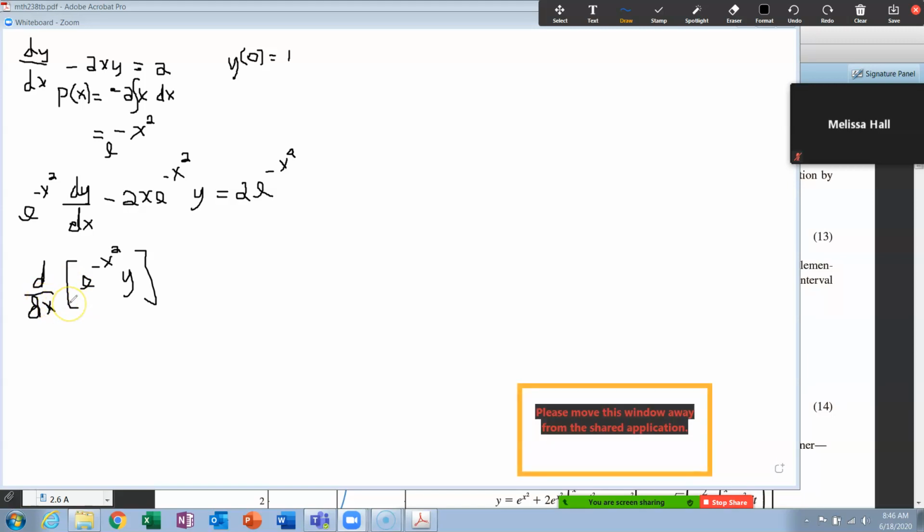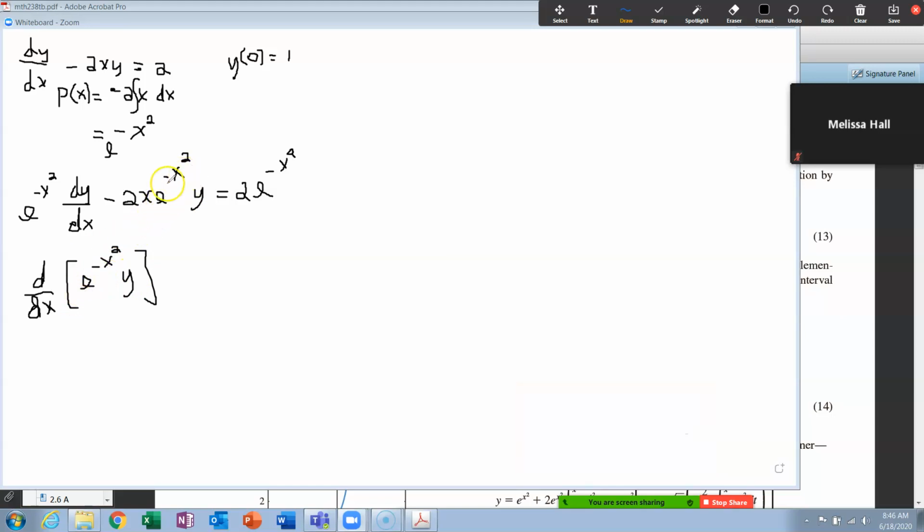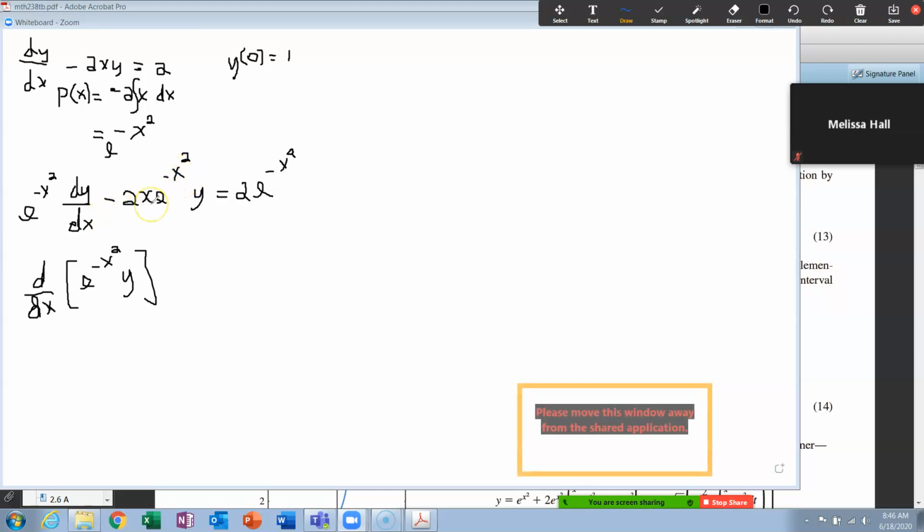D by dx of this product function would be the first, e to the minus x squared, times the derivative of the second, dy/dx. That part's perfect. And supposedly plus the second, y, there it is, times the derivative of the first. So what is the derivative of that? It's e to the minus x squared, then chain rule times a minus 2x, and sure enough, there's your minus 2x.